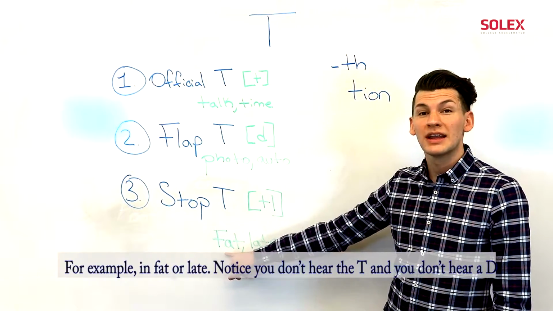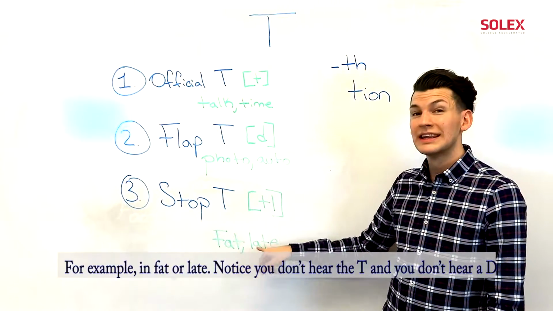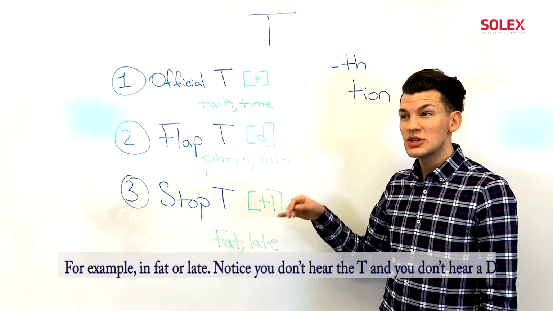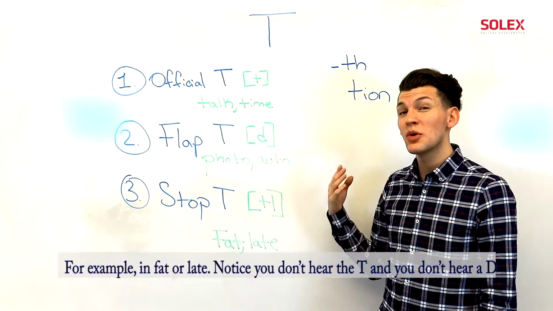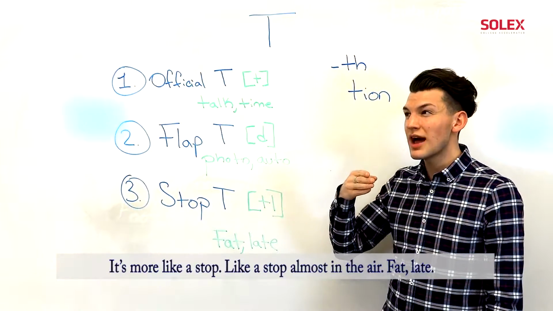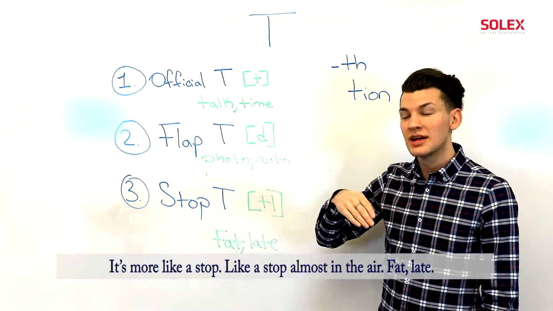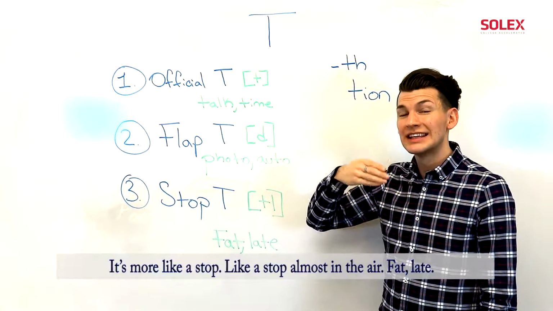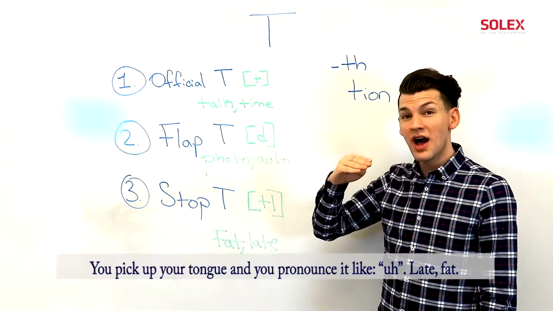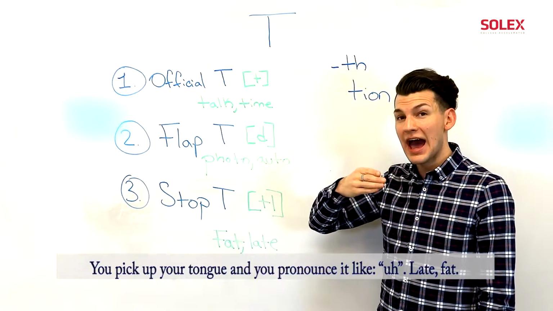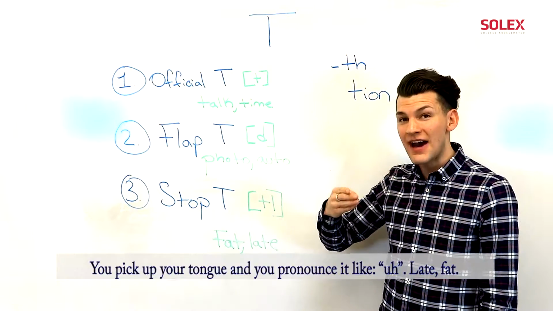For example, in fat or late, notice you don't hear the T and you don't hear a D. It's more like a stop almost in the air. Fat, late. You pick up your tongue and you pronounce it like late, fat.